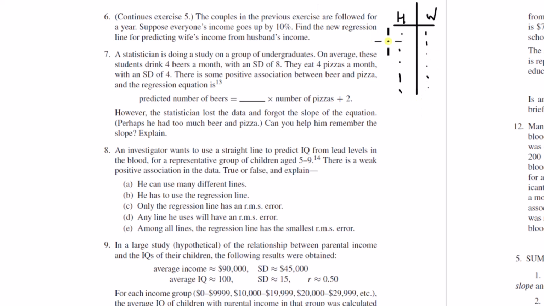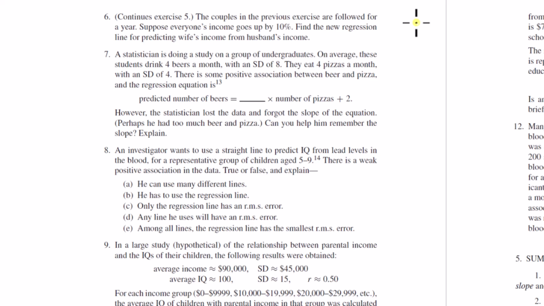So the new data points are each of these multiplied by 1.1, which we know is purely a change of scale. And what do we know about changes of scale? We know that they don't change the correlation coefficient.